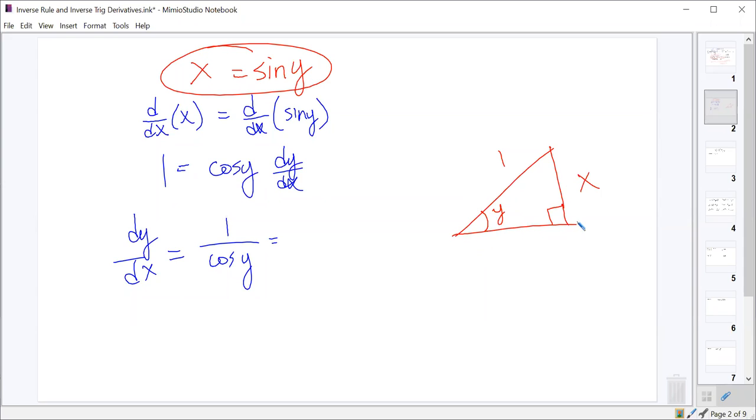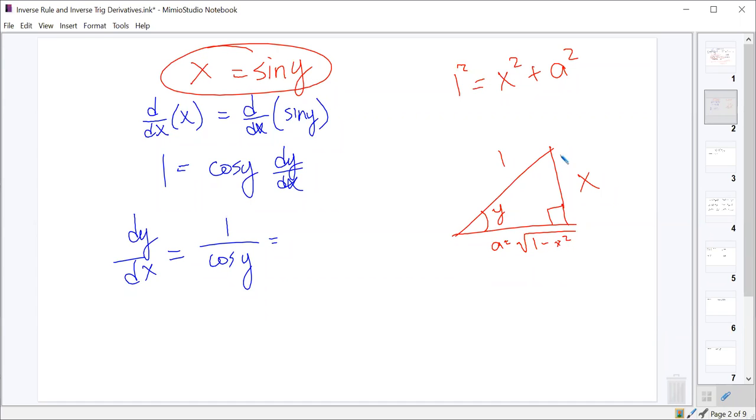And you could use the Pythagorean theorem to find this last side. 1 squared ought to be x squared plus a squared. And what would a then equal? The square root of 1 squared minus x squared, or just 1 minus x squared.